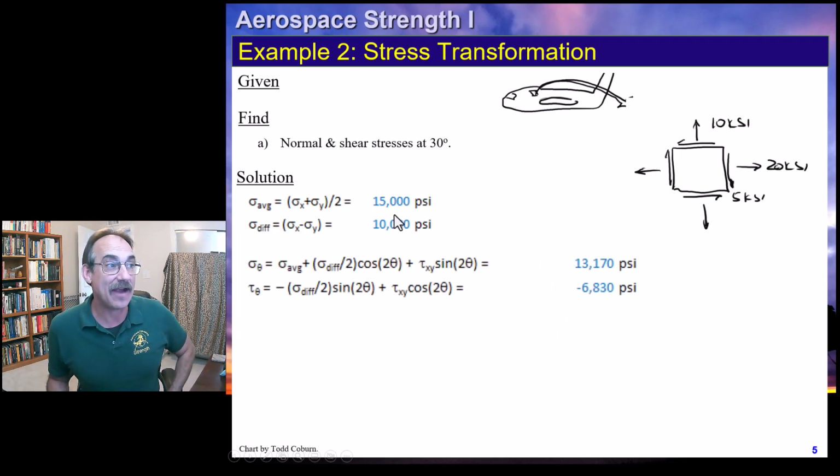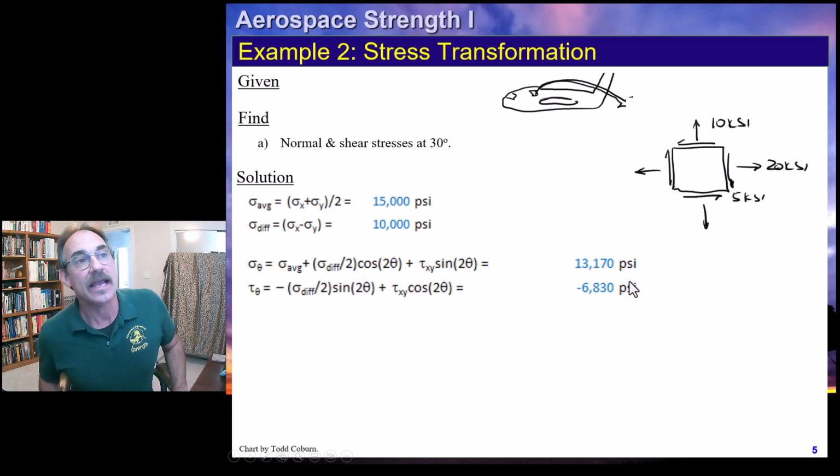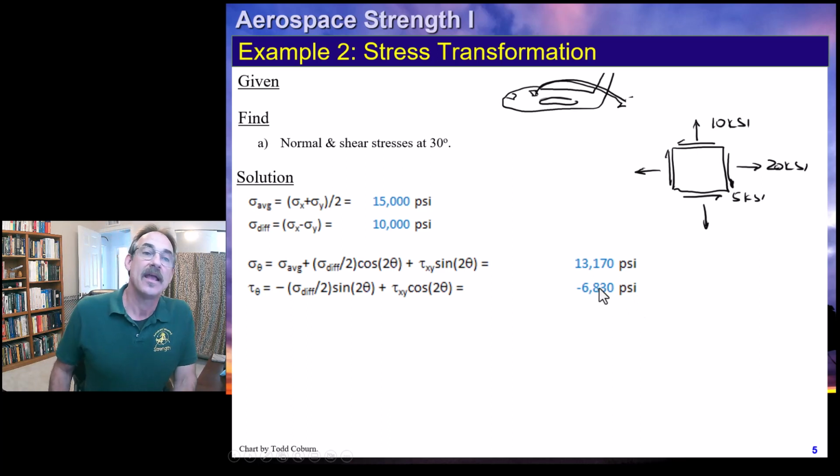We get the same average and difference of stress, but now our normal stress went down and our shear stress is even greater. It's negative, going in the other direction now, and it is greater in magnitude than it was.